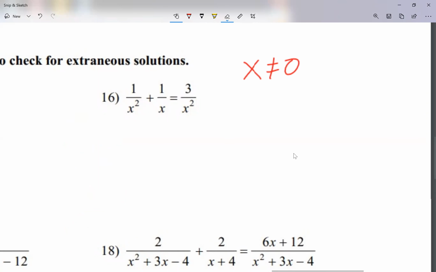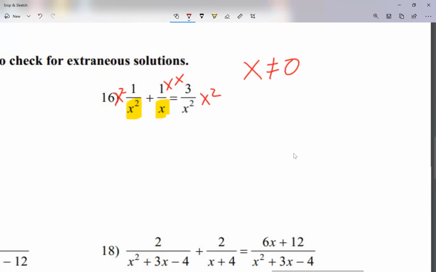Okay, so now you might be thinking, all right, the next step is let's get rid of fractions. The only thing is that I see an x here and an x squared, so they're not quite the same thing. Well, multiply by the highest exponent. So I'm going to multiply everything by x squared. This by x squared, this by x squared, and this by x squared. Now on the second fraction, x squared is basically x times x, right?